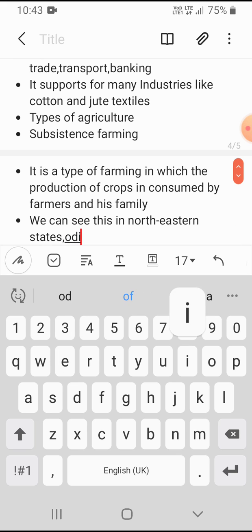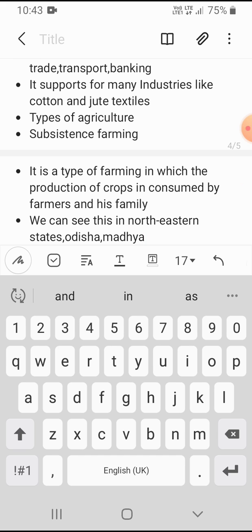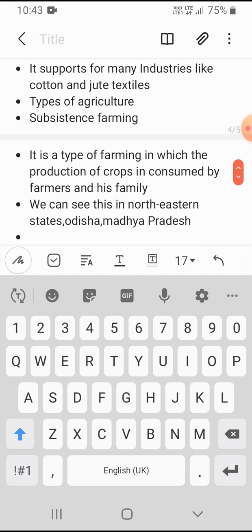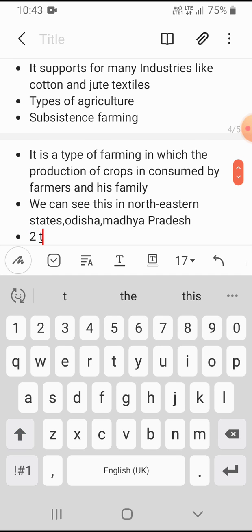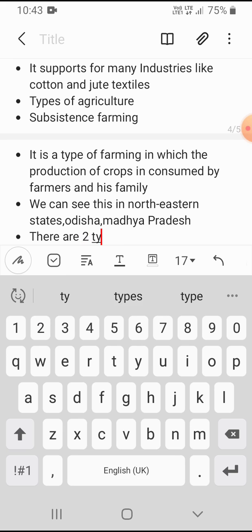We can see it in Odisha and in Madhya Pradesh. So in these places we can see this type of farming. And in this subsistence farming there are still two types.